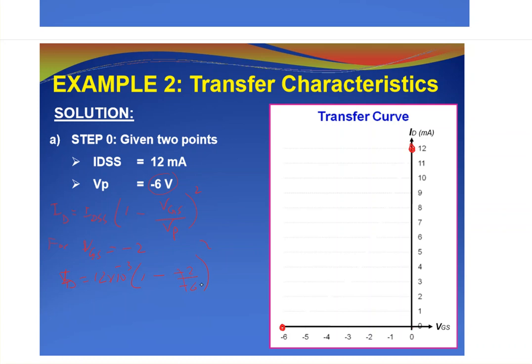So that will be 1 over 3, and therefore I have 0.66 squared times 12 times 10 to the minus 3 as your ID. So you have a number, you substitute it here, and I can get it for the other ones. So you will be able to get a curve that will look something like that.